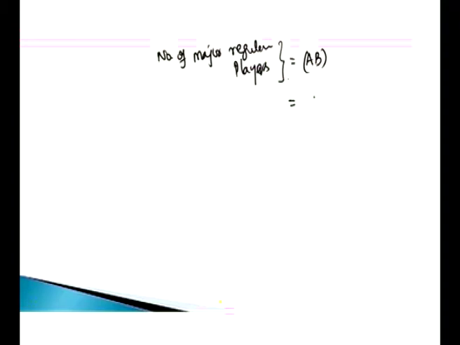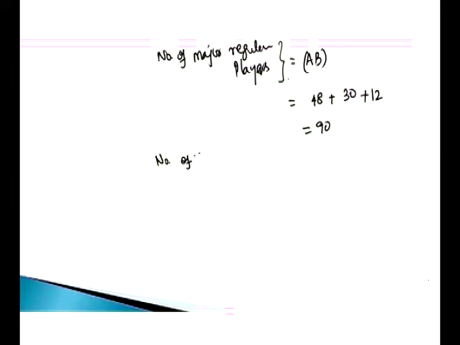Similarly, the number of major regular players. This information also you have to get from the question. The number of major regular players, denoted as AB, is equal to 48 plus 30 plus 12, which is equal to 90.